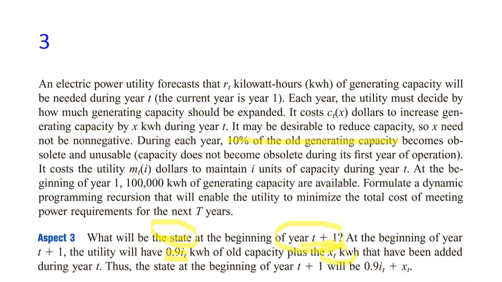So at year T plus 1, we will have 0.9 IT plus xt. Again, only 90% of IT may still be used, but all of xt is still okay to be used next year. So next year we will have 0.9 IT plus xt.